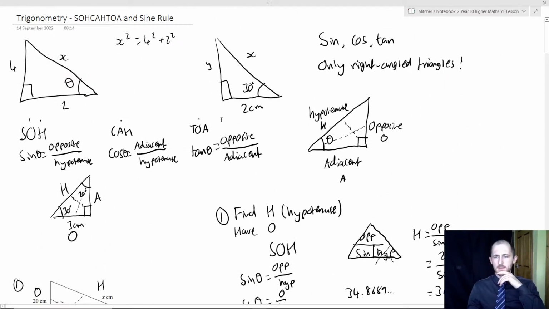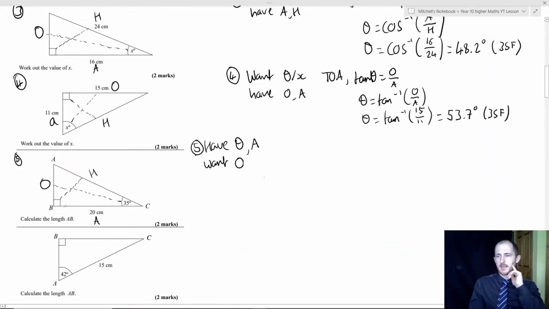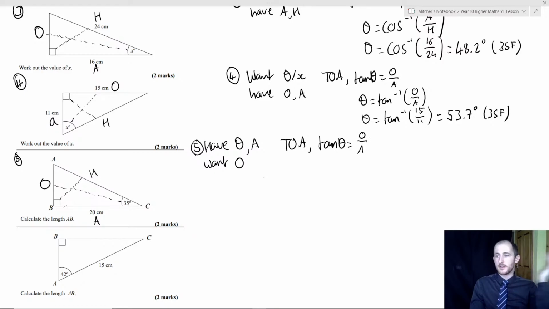You have SOHCAHTOA. O and A is part of the TOA name. So we're going to be using TOA, which is tan theta equals opposite over adjacent, or again, if you want to use the formula triangles, you can.